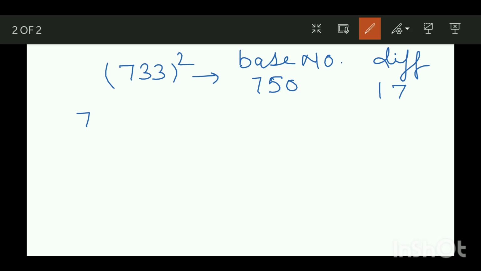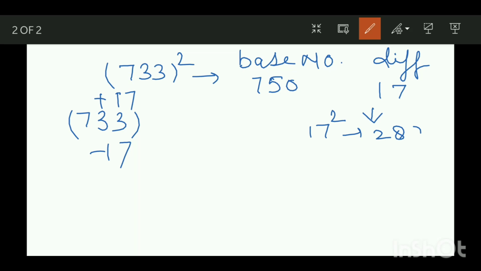Now next step, we will add 17 and subtract 17, and here we will write the square of 17. So by adding we will get 733 plus 17 is 750, and 733 minus 17 is 716.